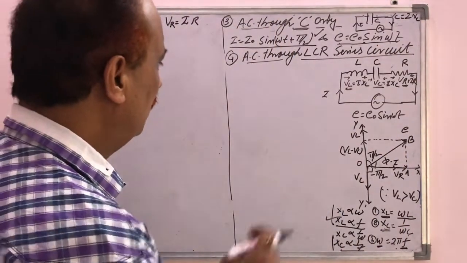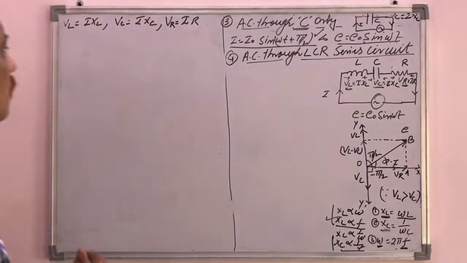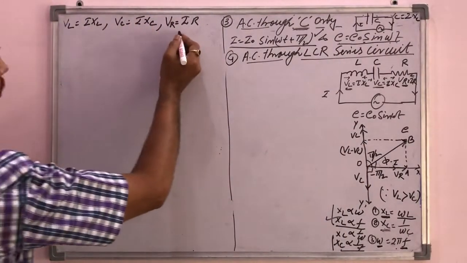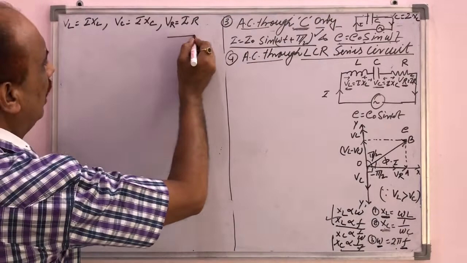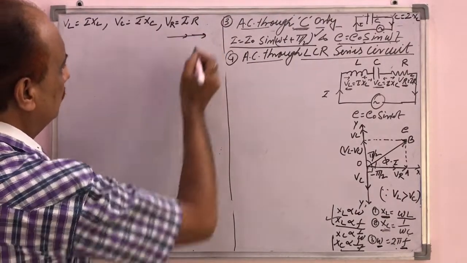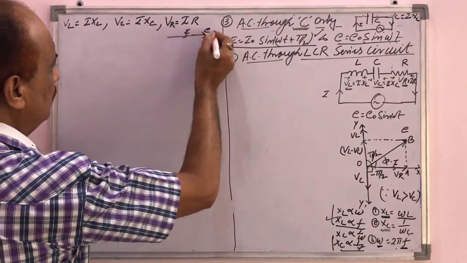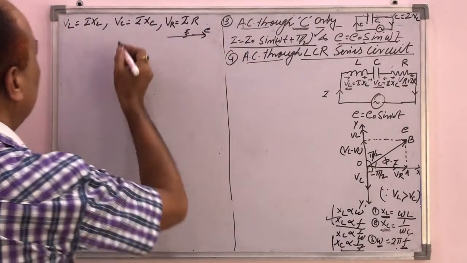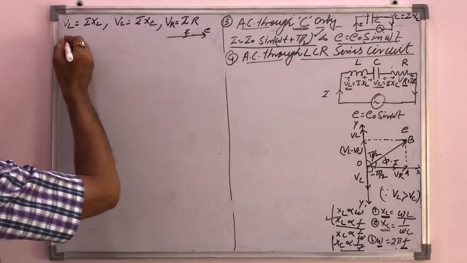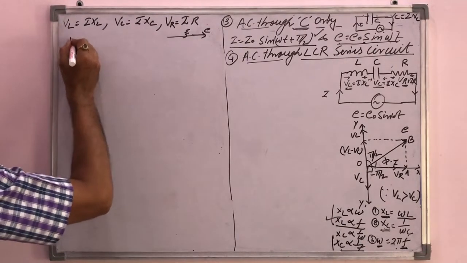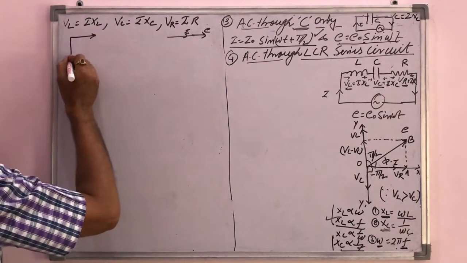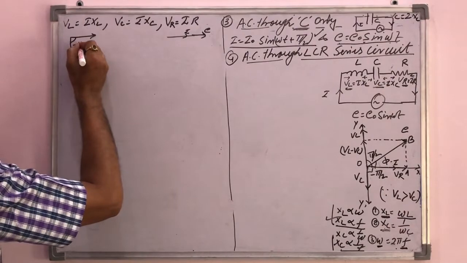Now we have to draw the phasor diagram. We know that in case of R, the vector I and vector E are both in the same phase, represented like this here, I and E. In case of L, according to the phasor diagram, they have an angle of minus pi by 2.